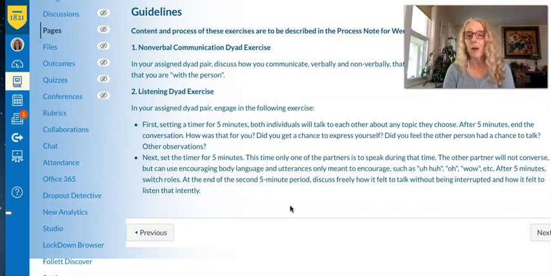Then that person stops after 5 minutes, talk about whatever you want. Then the other person gets to talk for 5 minutes and be listened to. And then talk about this. Discuss what it was like to talk without being interrupted. What was it like to not interrupt somebody else? How did it feel to listen that intently? Okay?